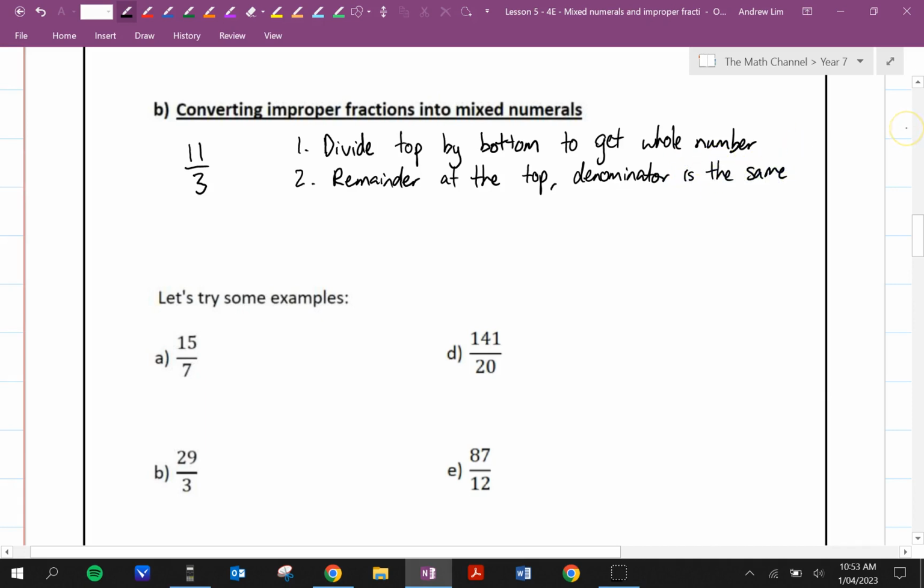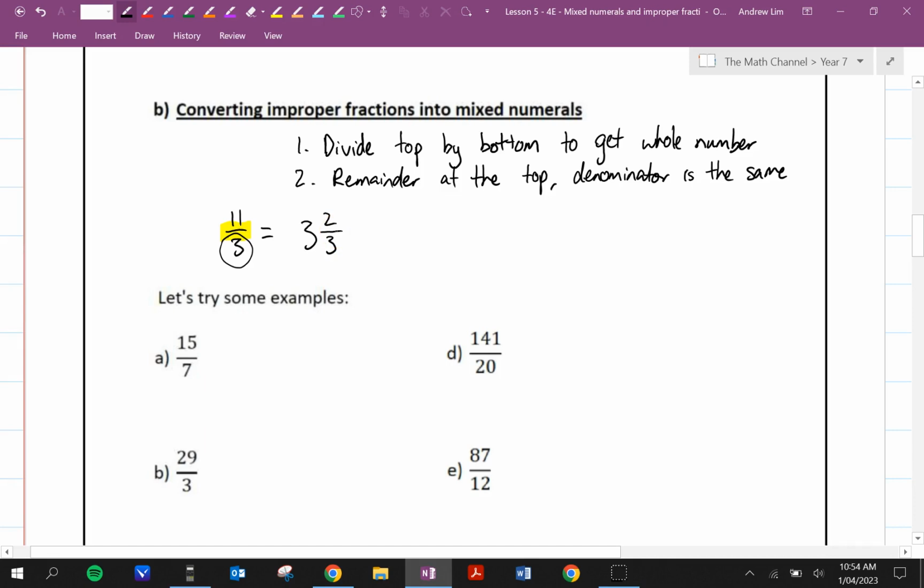So what do I mean by that? Here we've got 11 over 3. Let's write it down here. This line here means divide. So 11 divided by 3 is 3 remainder 2. Now instead of writing remainder 2, I'm going to put the remainder at the top. And because my denominator is 3, my denominator will be 3.